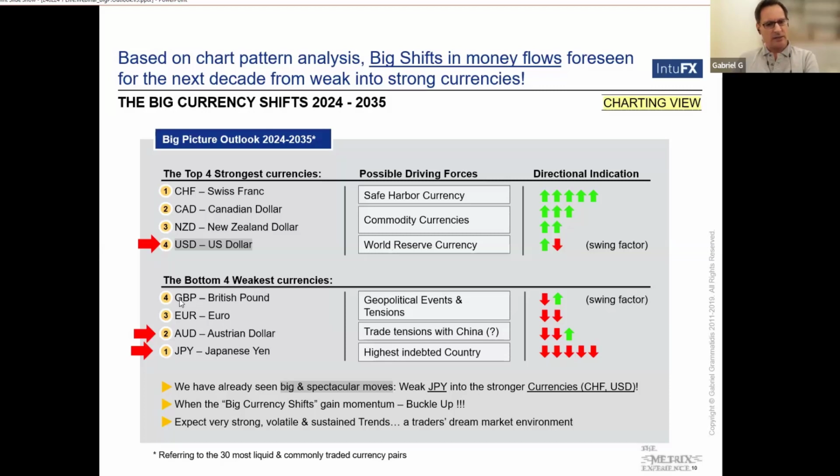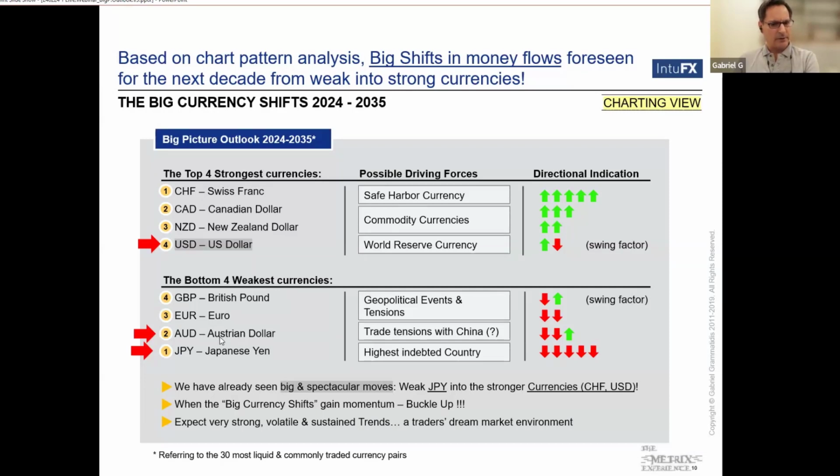Then the weakest ones are the British pound and the euro. What do they have in common? Well, they're close to each other and they're close to Ukraine and Russia, right? Geopolitical conflicts and tensions. We have even weaker, the Australian dollar. Well, that's a surprise, right? I would have thought the Australian dollar is close to the New Zealand dollar, because that's a commodity currency as well, right?